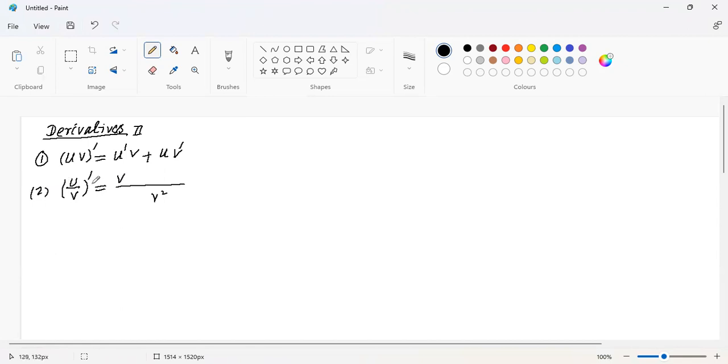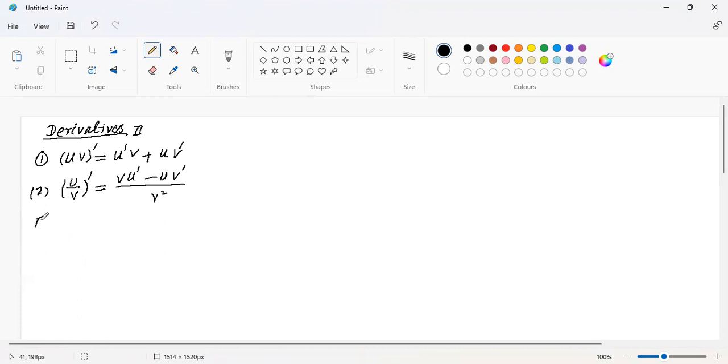Then the derivative of the numerator, which is U, derivative of U, and keep in mind there is a negative between them, and then write U as it is, then the derivative of V. This is called the U by V formula. You can apply it to the quotient of two functions. Okay, now let's come to one or two examples of each.